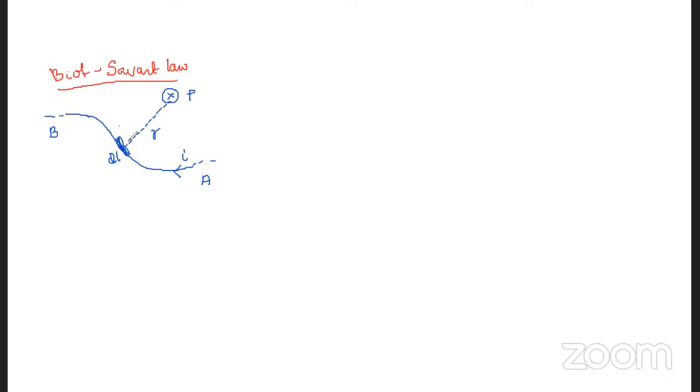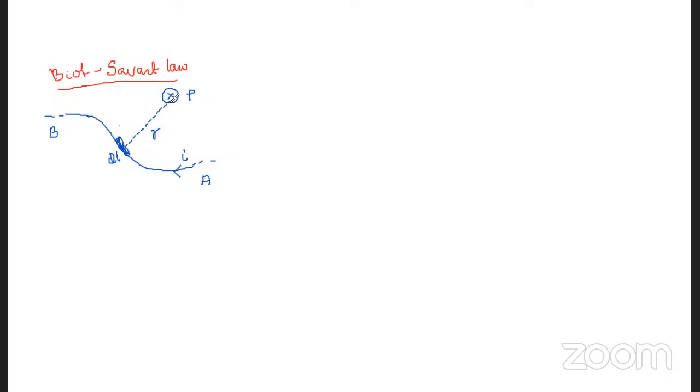We have considered a small element dl located at a distance r from the point P where we are calculating the magnetic field. dB is the magnetic field due to the small element dl at point P, at a distance r. Biot and Savart observed that it depends upon certain factors.